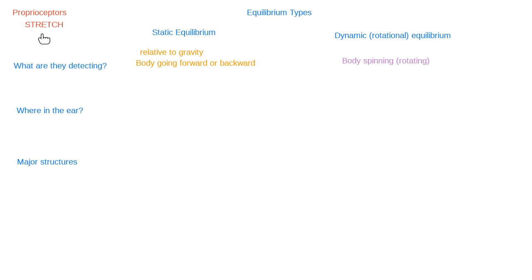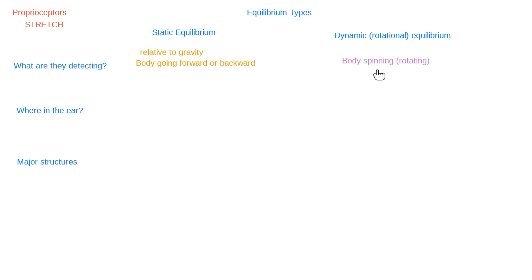We'll couple that with the information that we have about static equilibrium or dynamic equilibrium to figure out if we're falling forward, if we're tripping forward. So we couple stretch information with balance information most of the time.